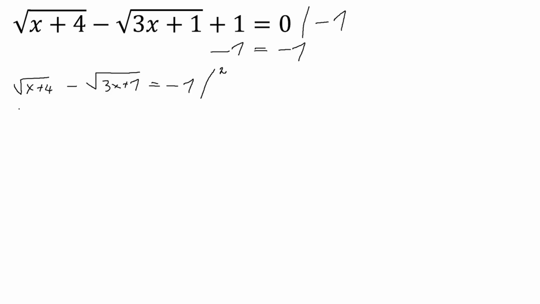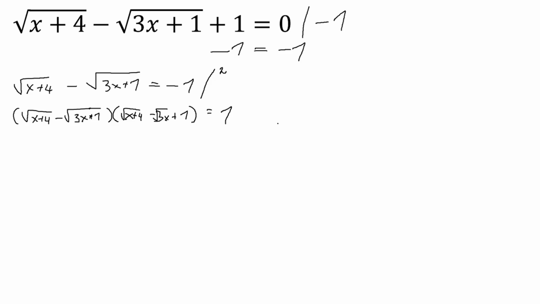is that we are going to do the square root of x plus 4 minus the square root of 3x plus 1 times the square root of x plus 4 minus the square root of 3x plus 1, sorry for my writing, is equal to 1.